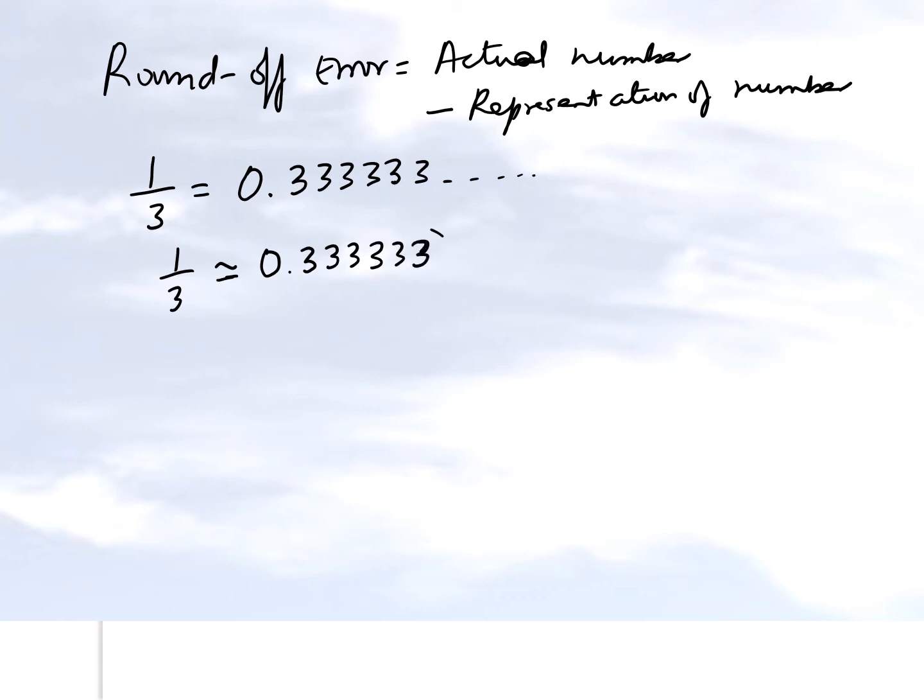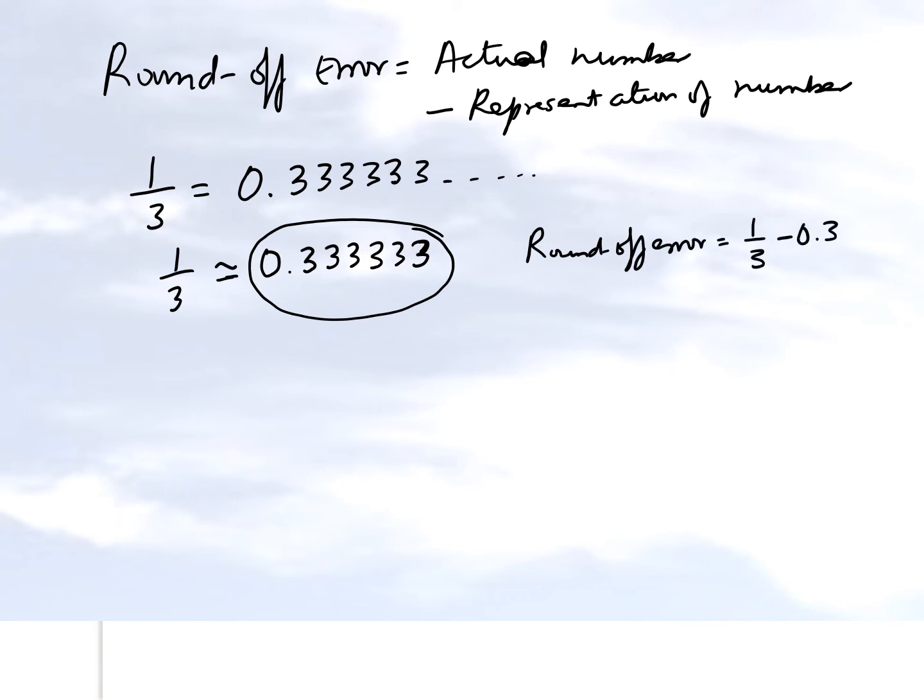If that's how it is represented, then the round-off error will be 1/3 minus this number right here. That number will turn out to be 6 zeros and then 3, 3, 3 recurring from there. So that's how the round-off error takes place.